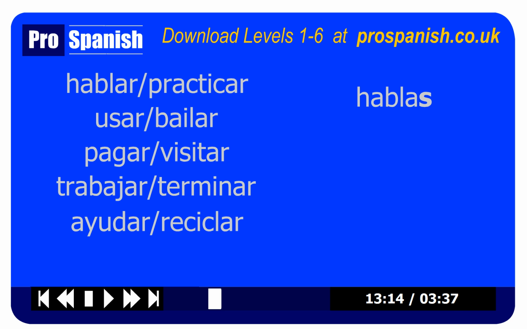Just notice that the stress is not on the end now, but on the second from last syllable. So hablas is you speak, or as a question, do you speak? For example, ¿hablas español? Do you speak Spanish?